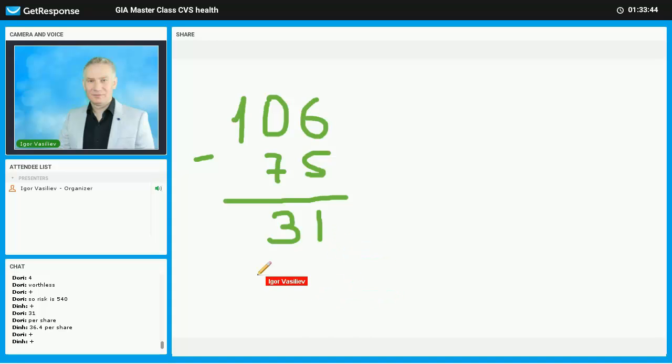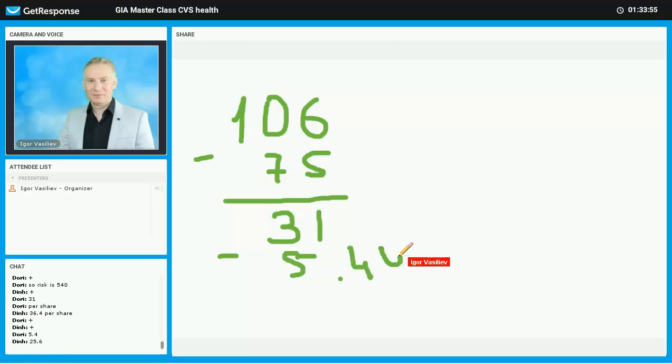But what was our investment? How much money did we put in the trade? $5.40, right? So the $5.40 is gone. So we are getting $25.60. So that's our net profit.